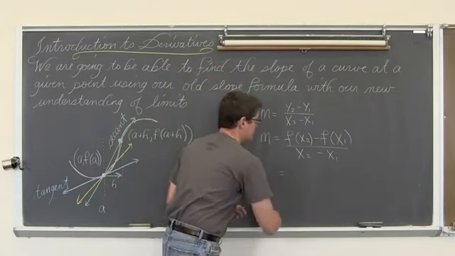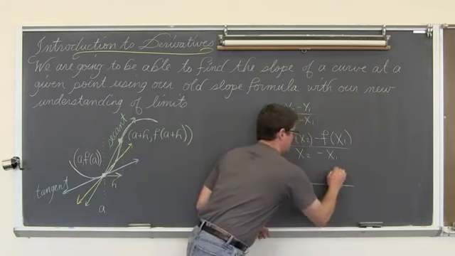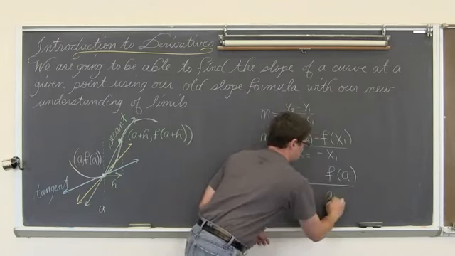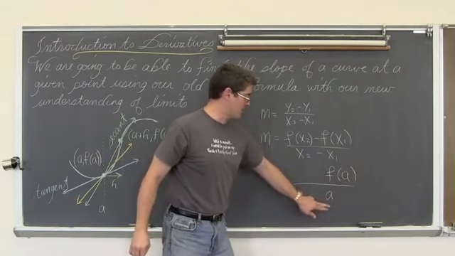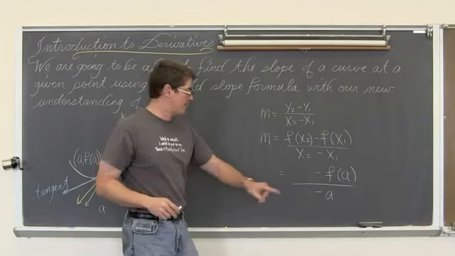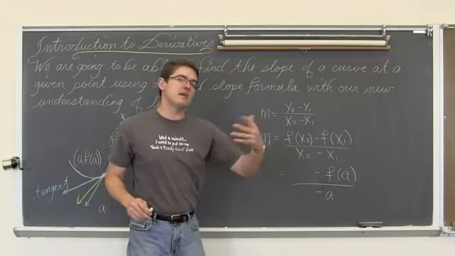So we have a point defined as a and f of a, or x and y, and the other point is going to be described from this original one with a distance of h from it.